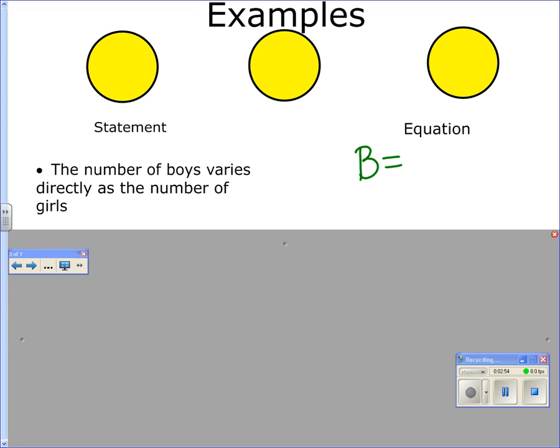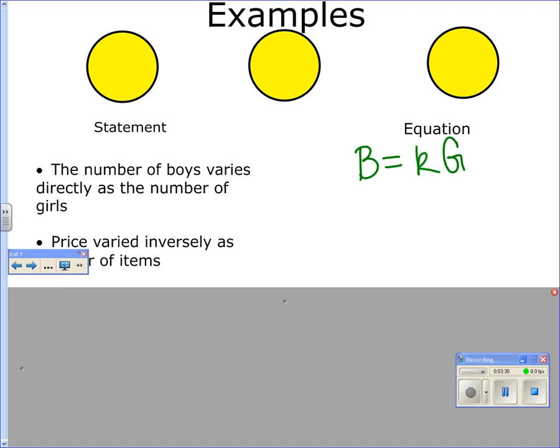And then what kind of variation is it? We have a K. Is it multiplied or divided by? Why multiplication? Because it's direct. So multiplied by what? What is our other thing? Girls, so G. Does that make sense? Direct variation, K times the second item.